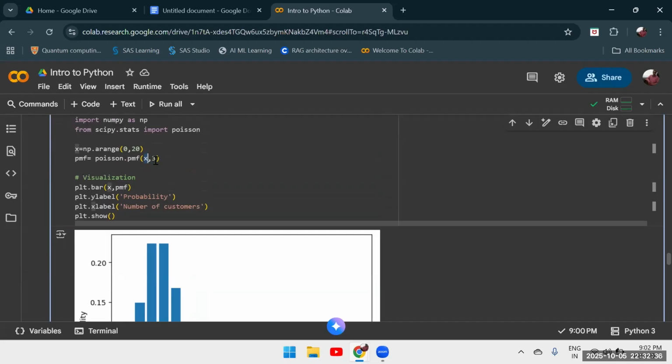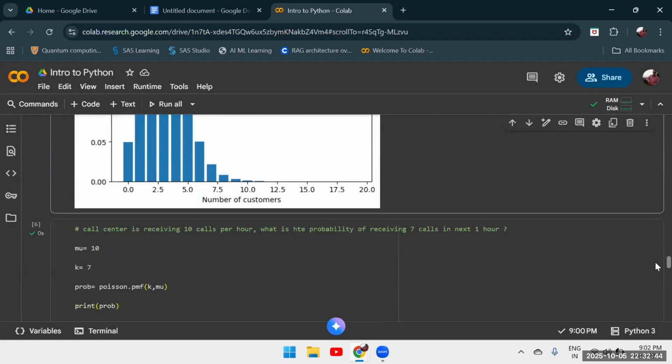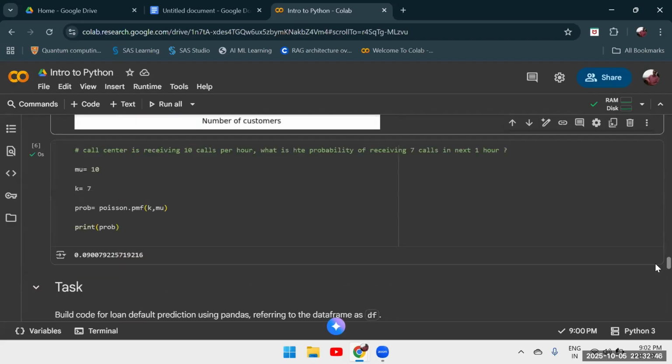And then you told it is going to be 3 customers, and the probability is basically trying to estimate this. Here, since it was just 1 hour only, we didn't specifically mention that time range. It was by default assumed to be 1. So that's why it was not considered for a specific time range in this problem.